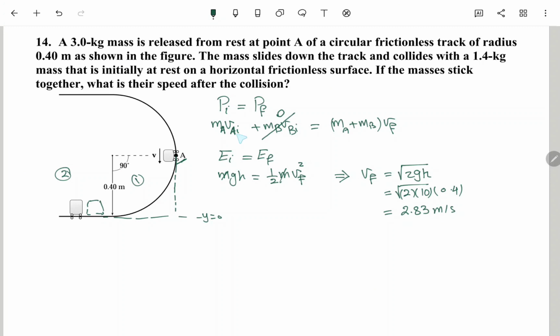Now VA initial is actually the final velocity for the first stage, so MA, which is 3, times 2.83 equals 3 plus 1.4 times V final. You simplify this one here, V final equals 1.93 meters per second.